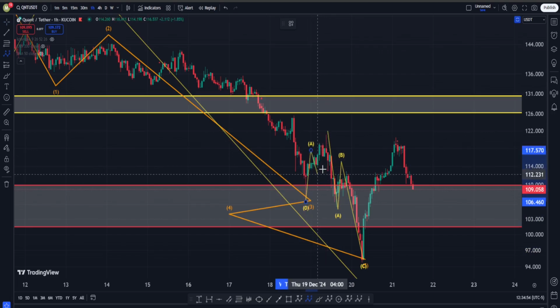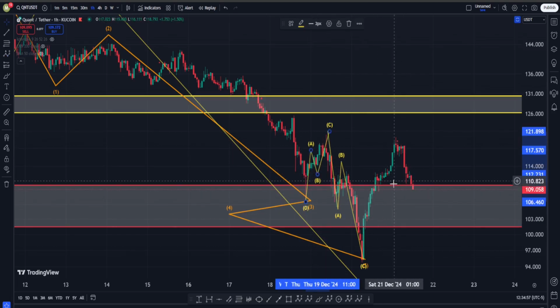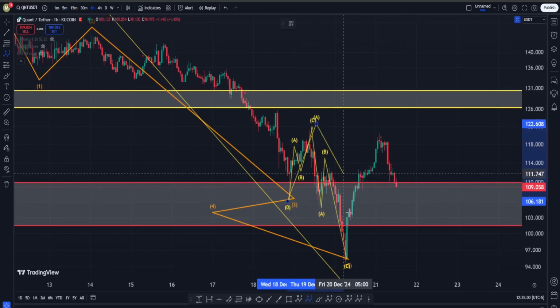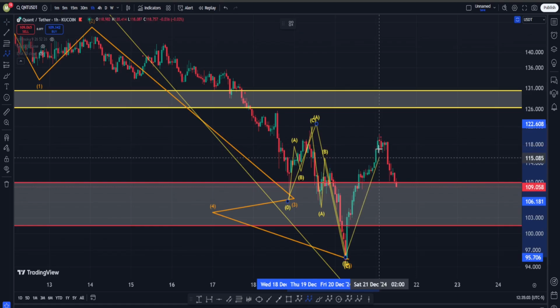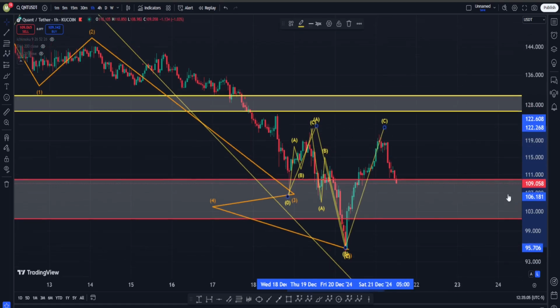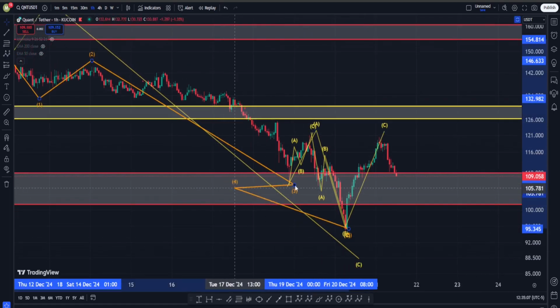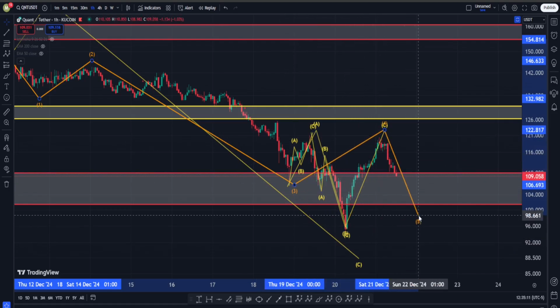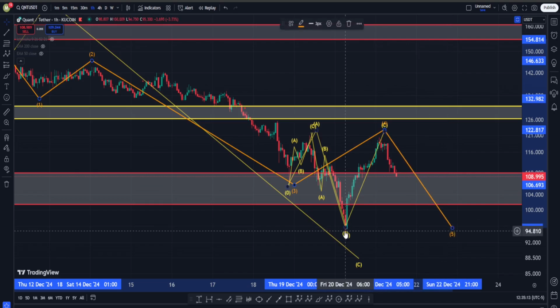And okay, if we're going to say this move is a 5 wave, well, okay, basically these are the subwaves for, you know it, if you are a regular viewer, an ABC running flat structure, which can potentially be this wave 4, and according to this possibility, well, unfortunately, we're going to get another move down into wave 5 in order to take this low for the first target around $95.